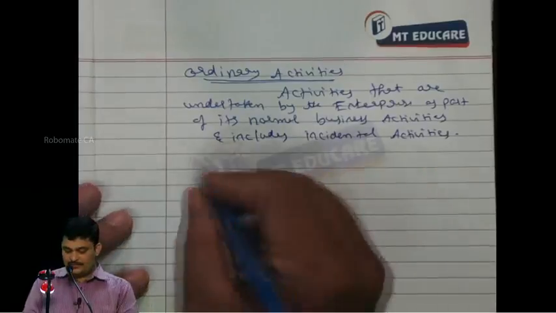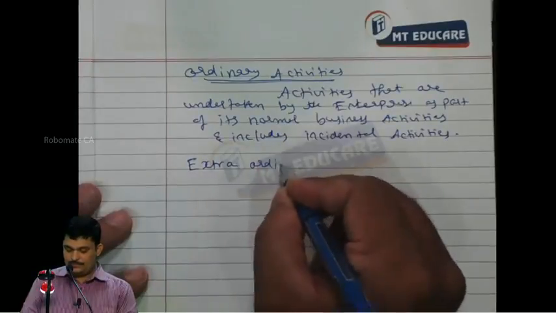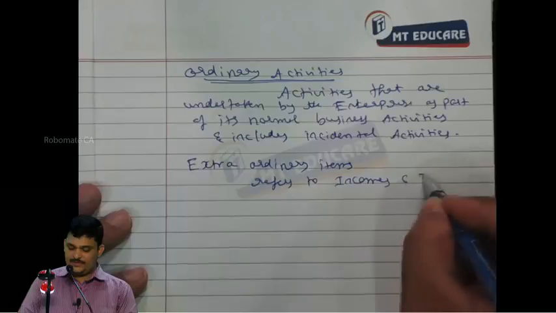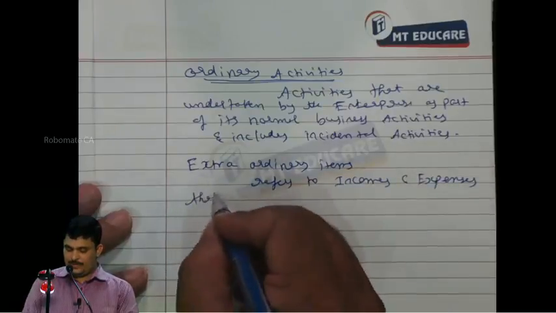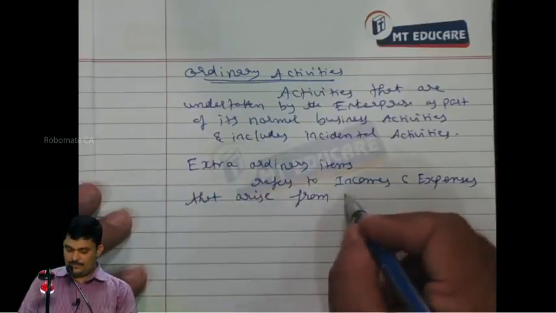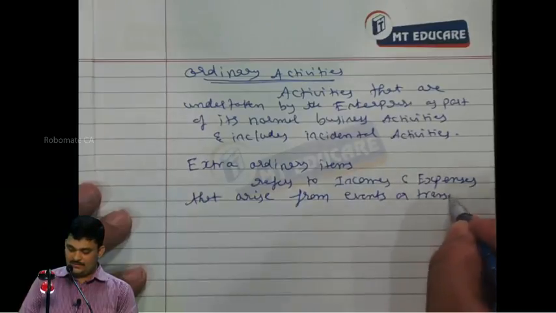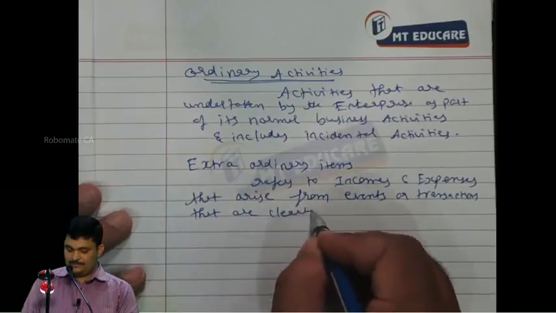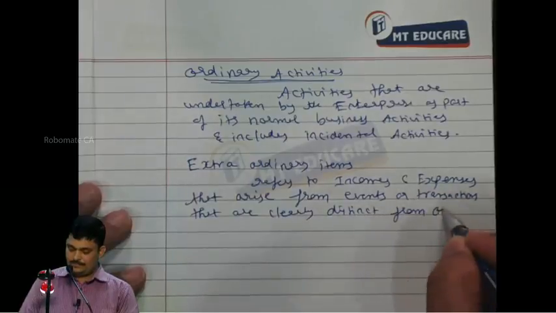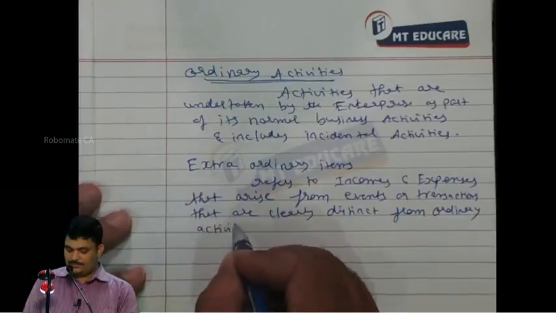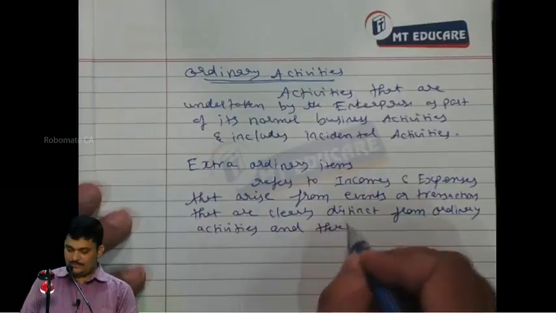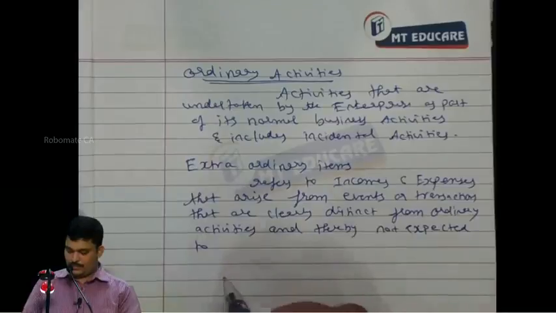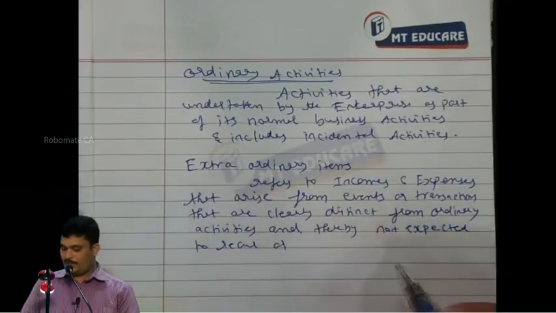Then we have extraordinary items. These refer to incomes and expenses that arise from events or transactions that are clearly distinct from ordinary activities, and thereby are not expected to recur or occur regularly.